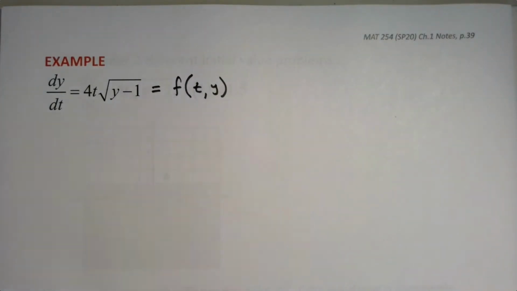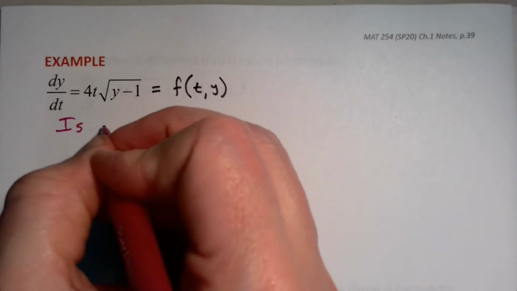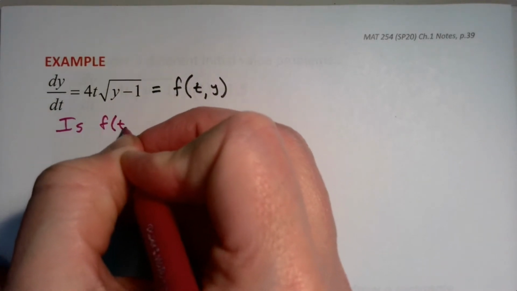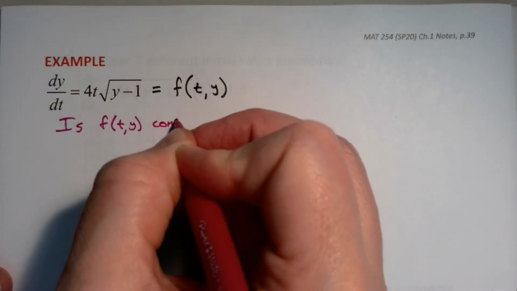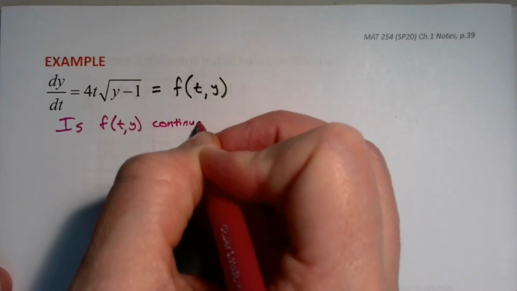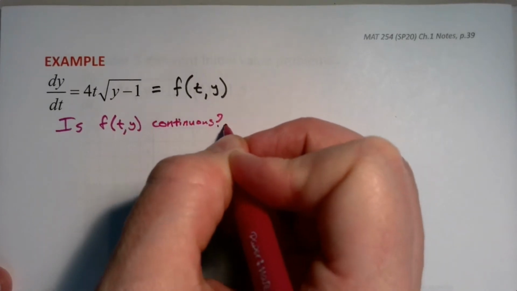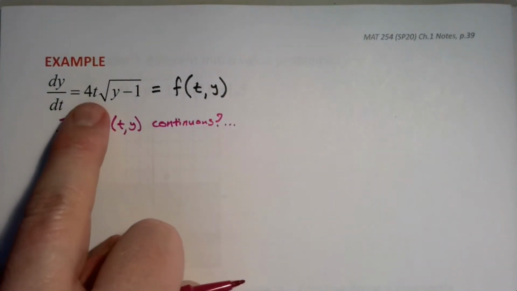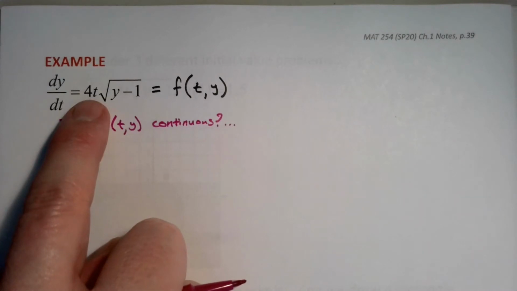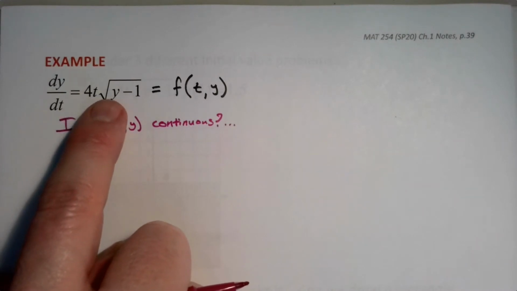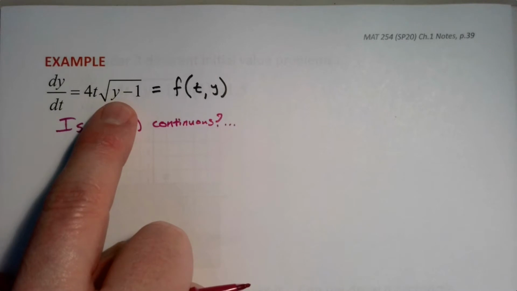So the existence and uniqueness theorem asks some important questions. It says, is f of t comma y, is that continuous? And so we look at it, we say, well, yeah, no problem plugging in any value of t, but of course inside that radical we have a bit of a problem.